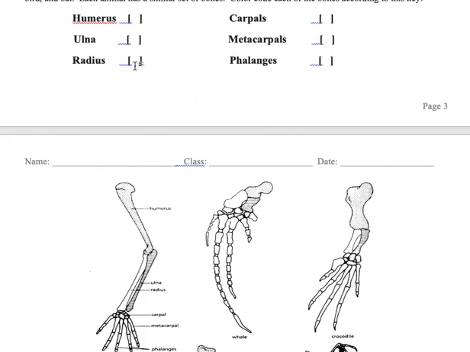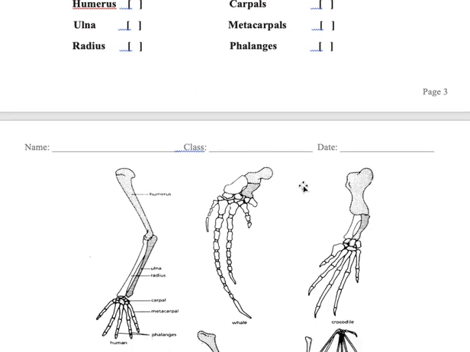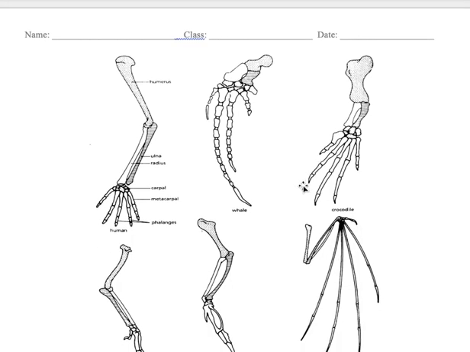Okay. The next structure we're going to look at is the radius. The radius is very similar to the ulna. It's on opposing sides. Your radius in the human arm is here. Your radius in the whale is right here. Your radius in the crocodile arm is right here.